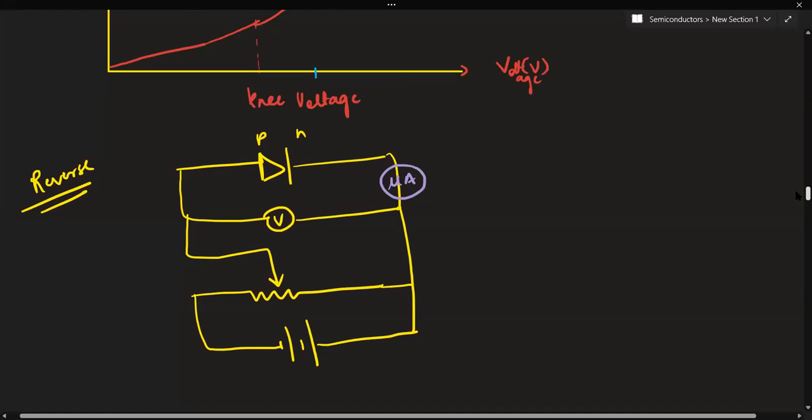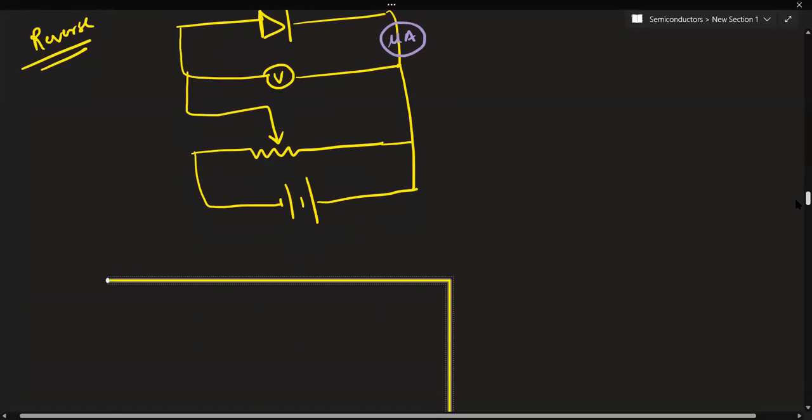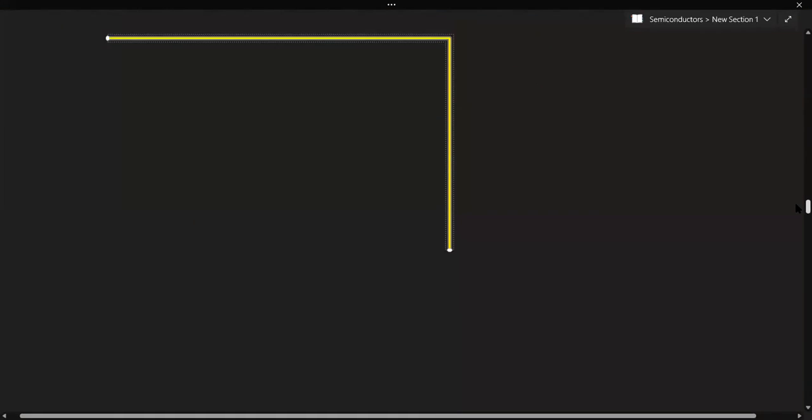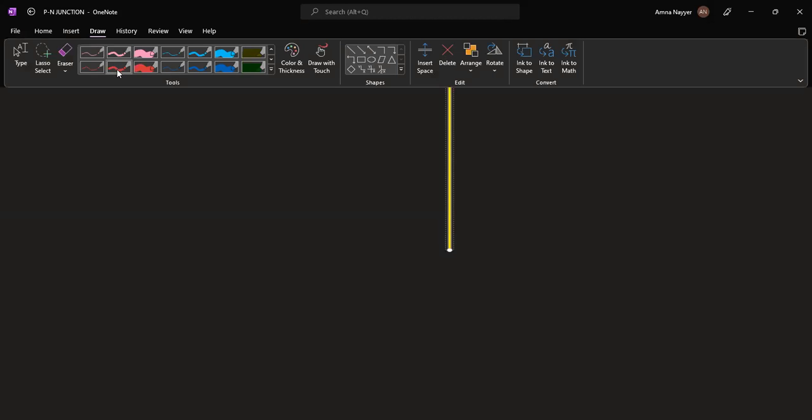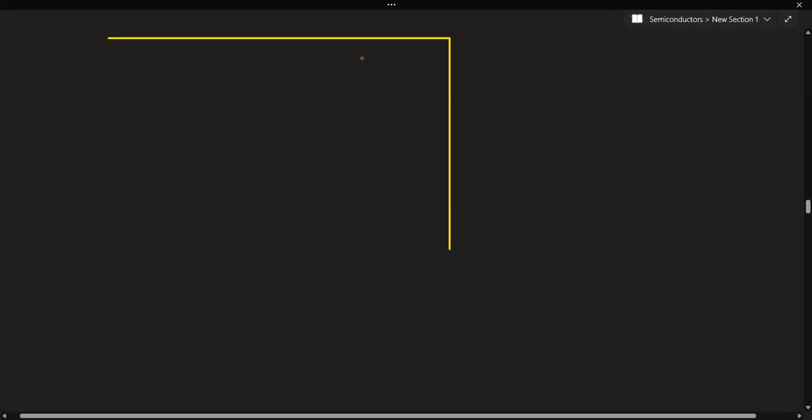Here a microammeter is used to measure the small currents through the reverse bias. Now see, when the diode is reverse biased, the reverse bias voltage produces a very small current. Let's say about a few microamperes, this will be producing current.